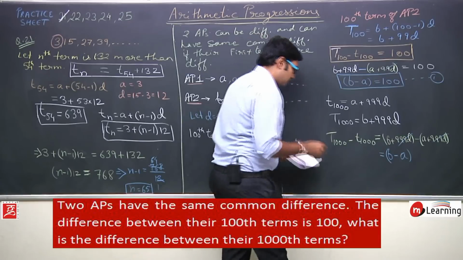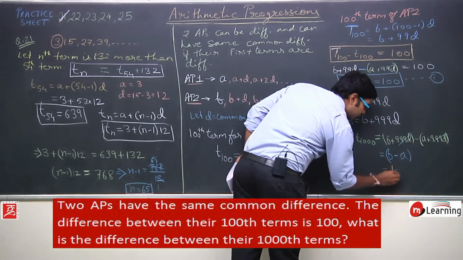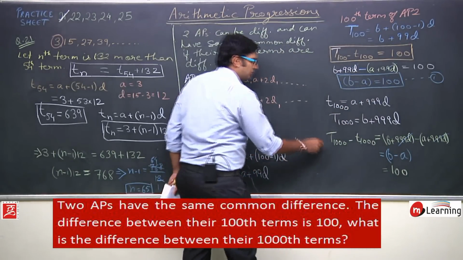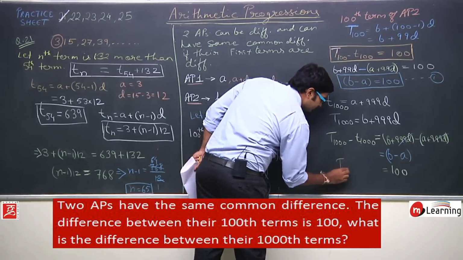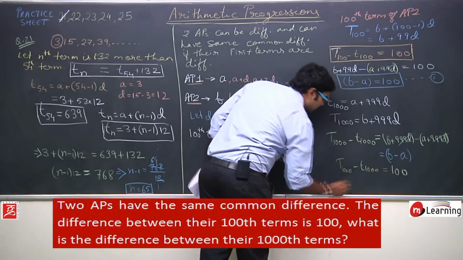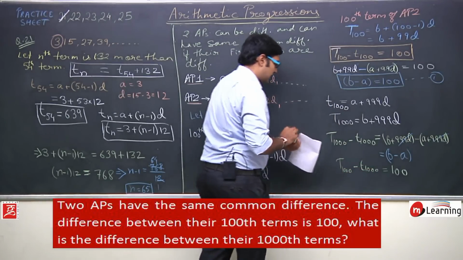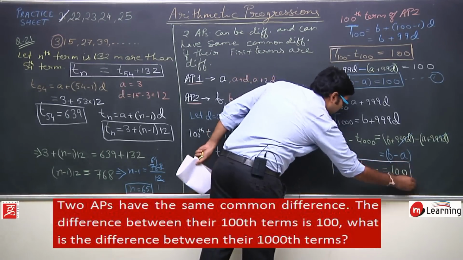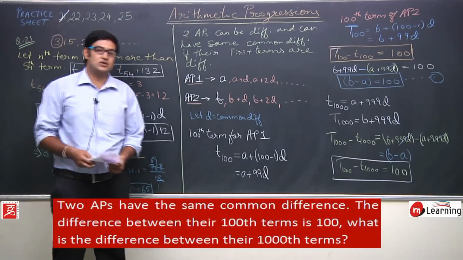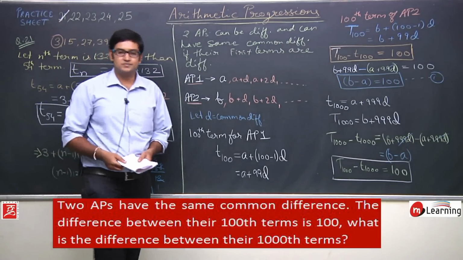So this value is also equal to 100. The 1000th term of the second AP minus the 1000th term of the first AP is equal to 100.